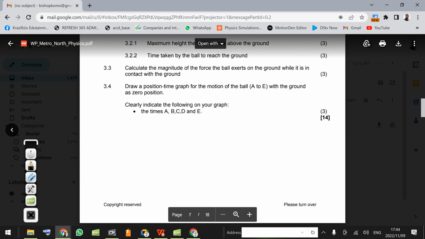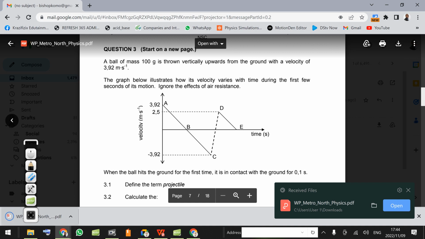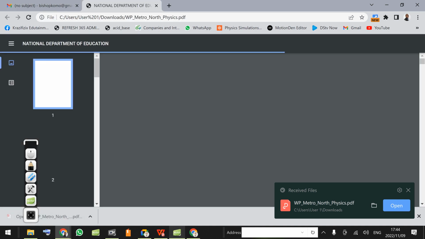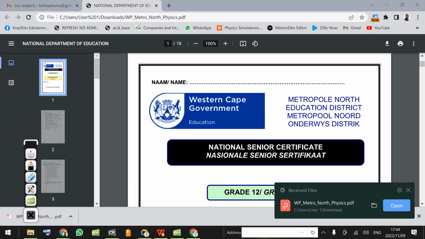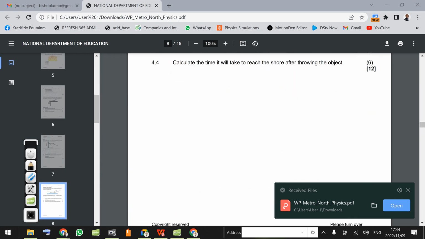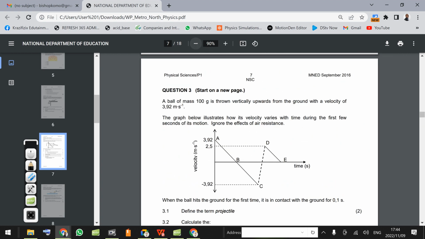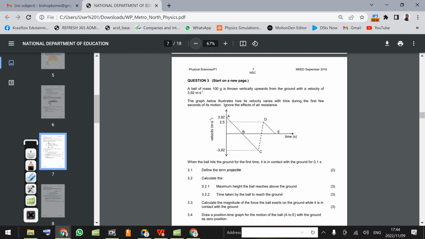Let's see this. All right, I think it's this one, right? Okay, beautiful. Guys, let's have some fun. It's time for fun again. Okay, let's look at this question together. I do have this paper.